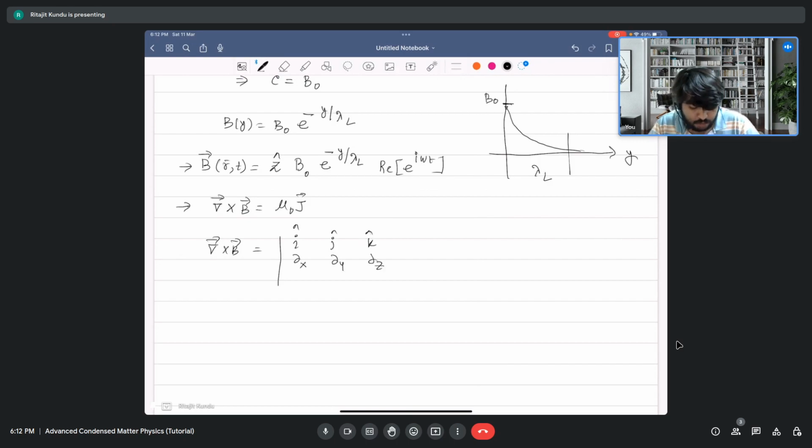I have only one component, which will be sitting in the k part, the z direction.